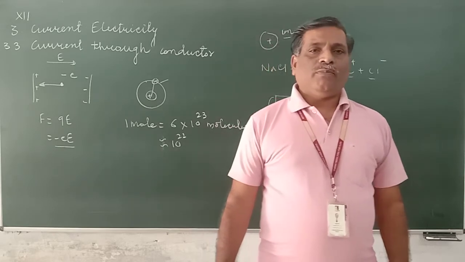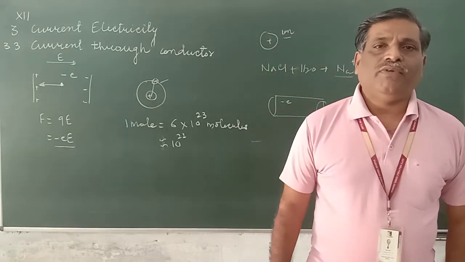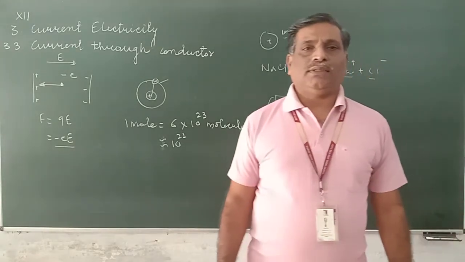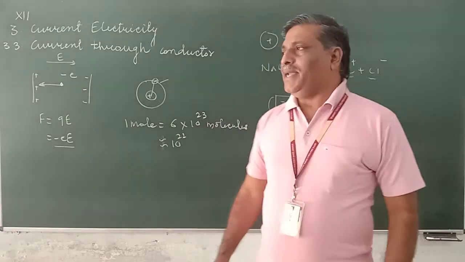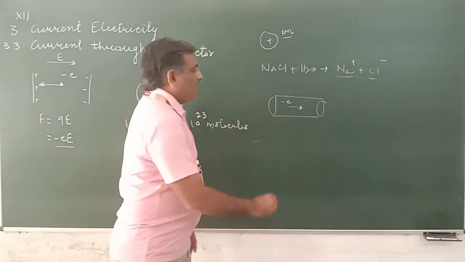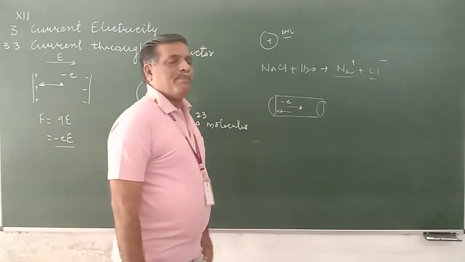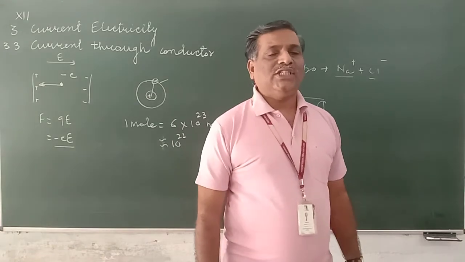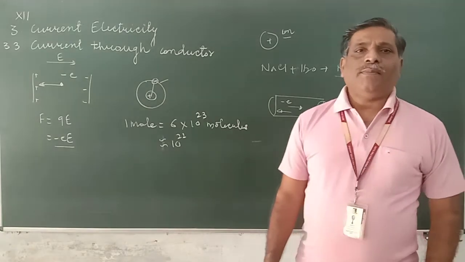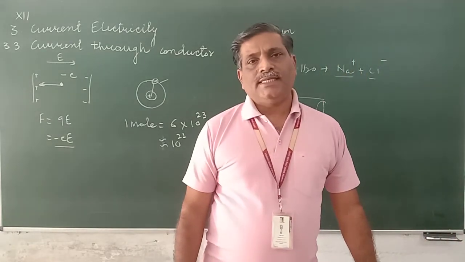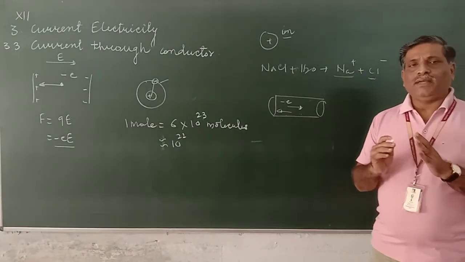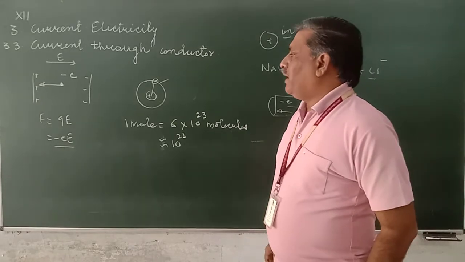They move in all possible directions with all possible velocities, but the average drift of electrons is zero. Meaning the electrons moving in the forward direction are the same as those moving in the backward direction. Therefore, net charge does not move. Net charge doesn't shift from one place to another. This is random thermal motion. They are randomly moving, so they do not move in one direction.